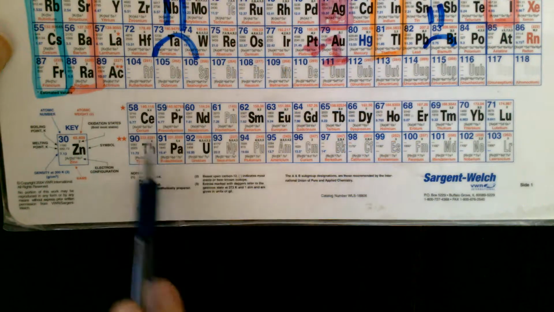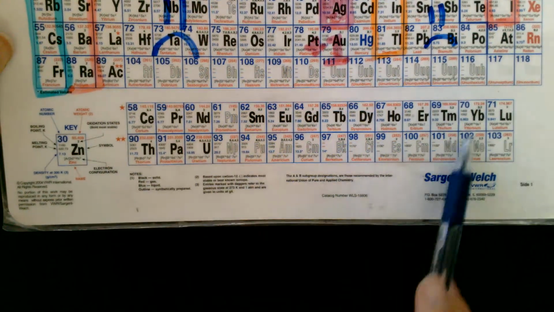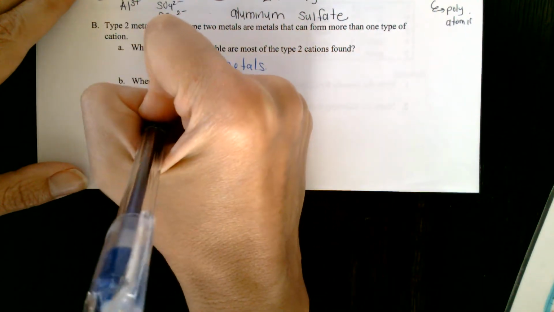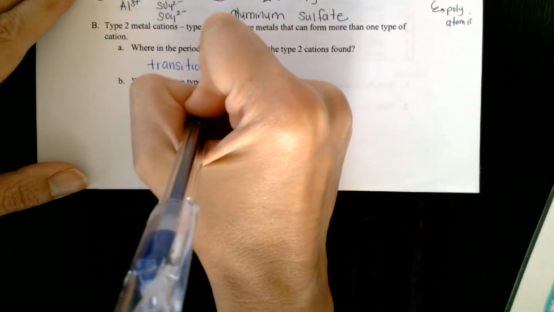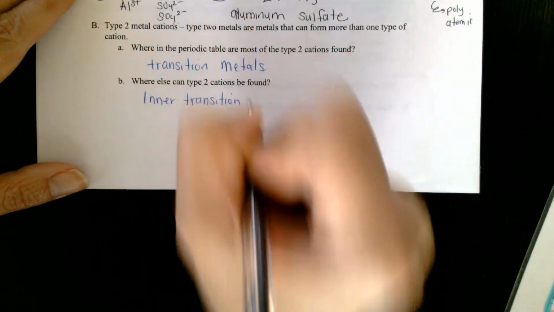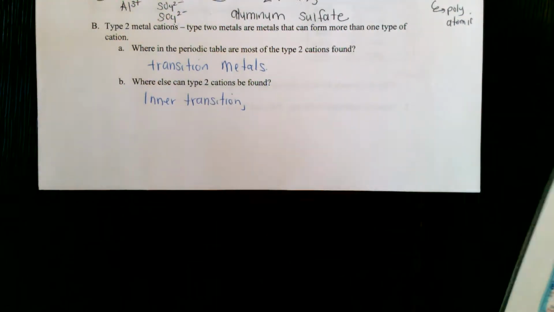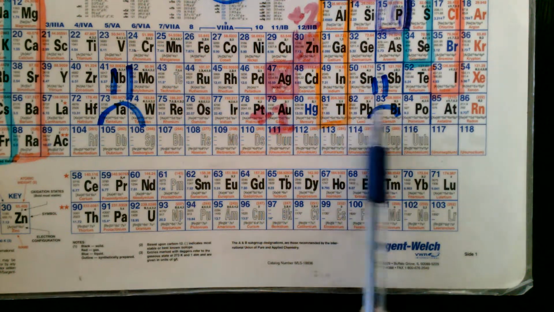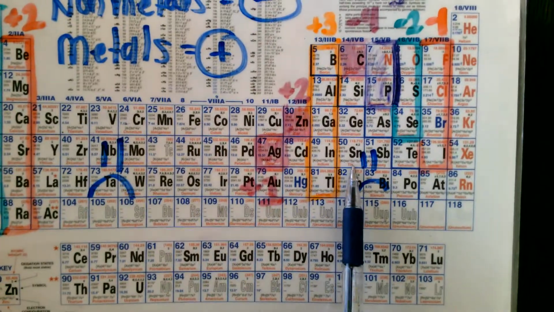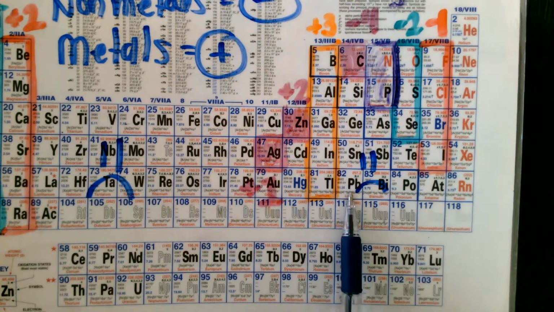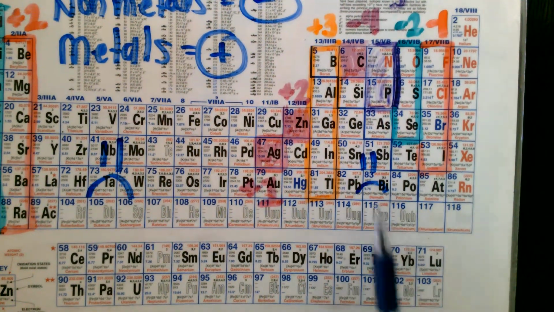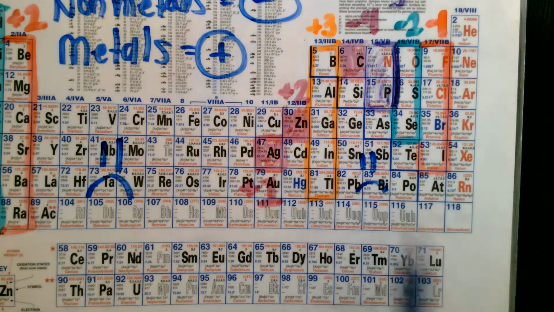These ones down here, a lot of these are also type 2, so they can also be inner transition. We don't see those a whole lot. And also in here a little bit. For the most part, group 4A metals and 5A metals, we'll see this sort of block in here.